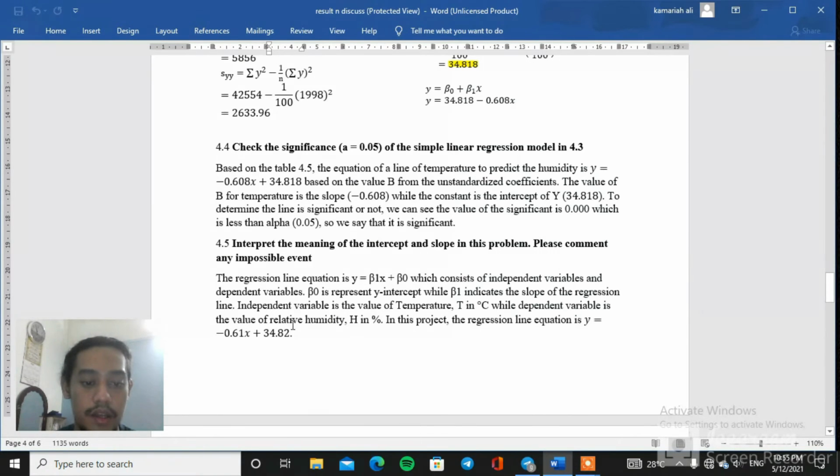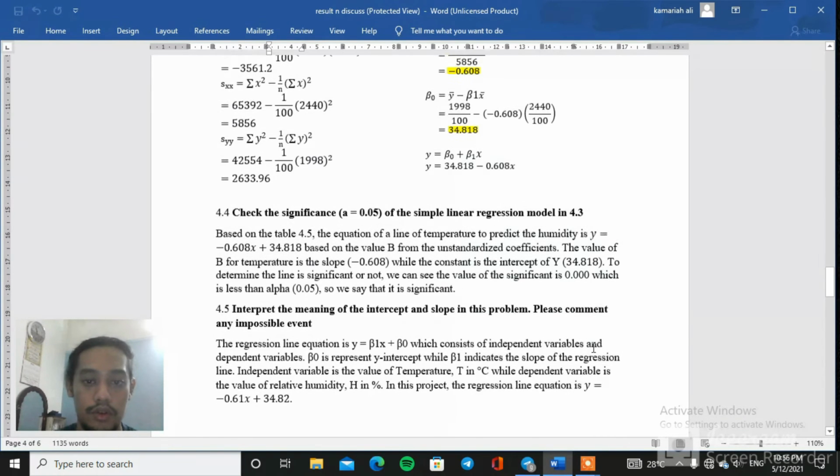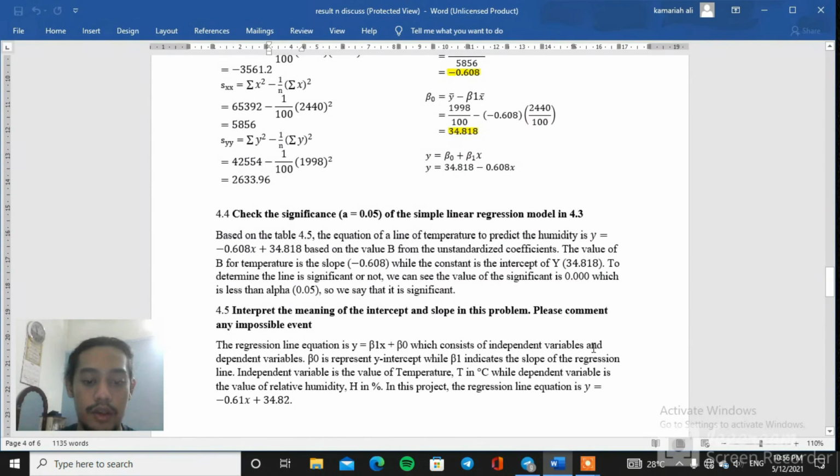So the independent variable is the value of temperature in Celsius, while the dependent variable is the value of humidity, H in percent. So in this project, we can say that the regression line equation is y equal to negative 0.61x plus 34.82. That's all from me. We can continue to 4.6.